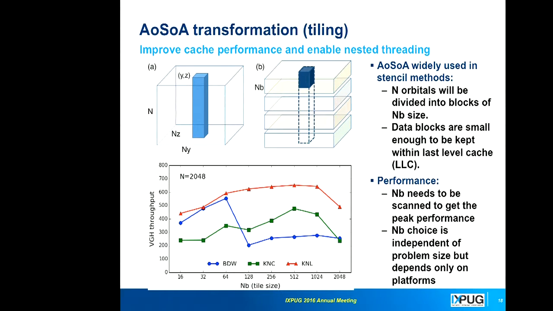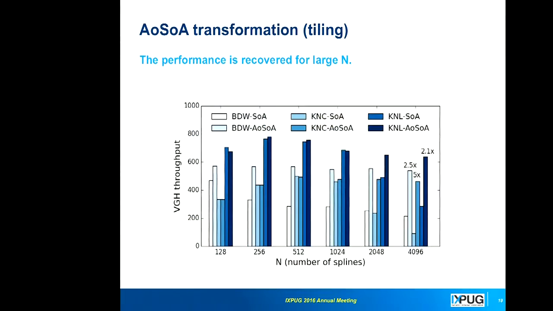On KNL, on the regular Xeon and the BGQ cores, you will see similar behaviors, simply because there's no high bandwidth memory but a large last level cache. So when you first build your code, do a scan of this parameter, find the optimal one and put it there. It should be sufficient. After doing this cache blocking, this tiling, we are able to recover the performance. You will see that the degradation goes away.